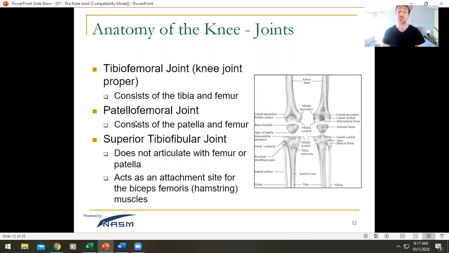But then you also have your patellofemoral joint, where your patella bone is sitting on top of your femur. Then we also have the superior tibiofibular joint. The reason it's called superior is because there are 2 tibiofibular joints. Your tibia and fibula touch each other up top, and they touch each other down below. The superior one is the one that's above.